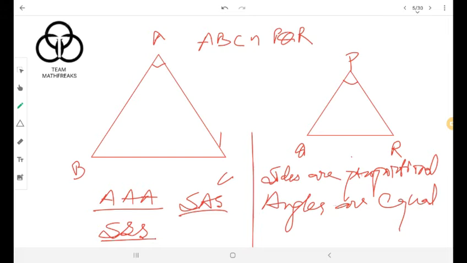Sides are proportional, angles are equal. So this is the most basic of similarity of triangles. Let's move ahead with the theorems.